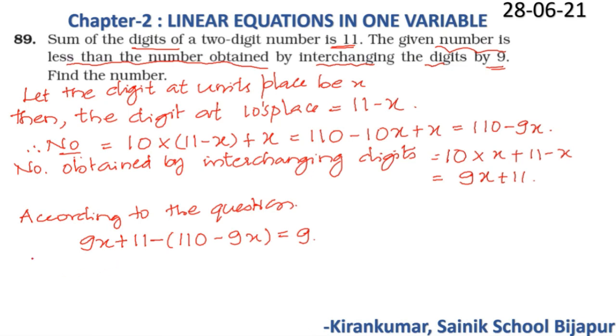This is the equation we require to simplify. So 9x plus 11 minus 110 plus 9x is equal to 9.